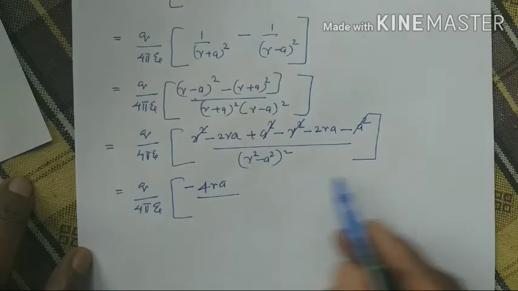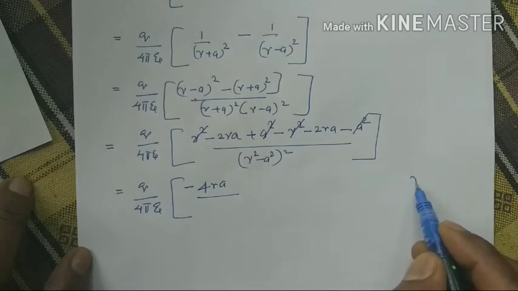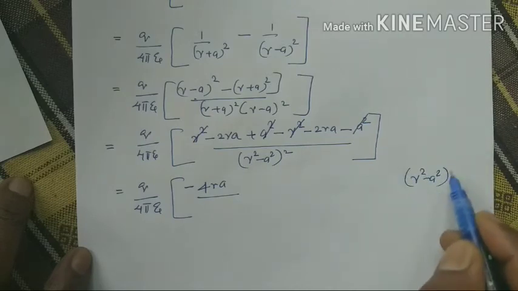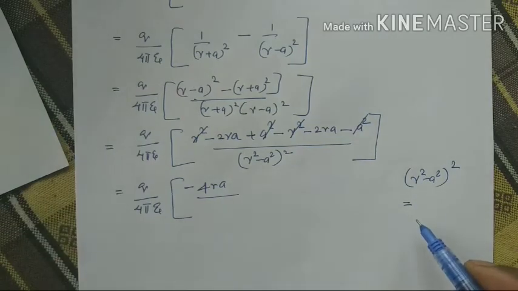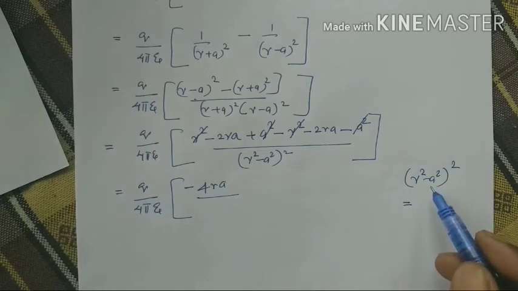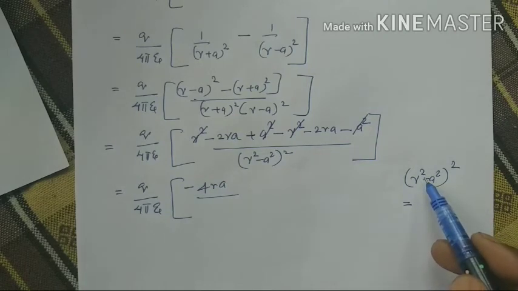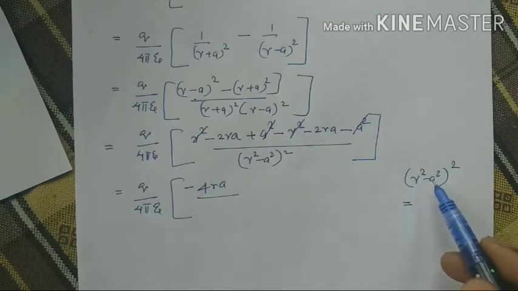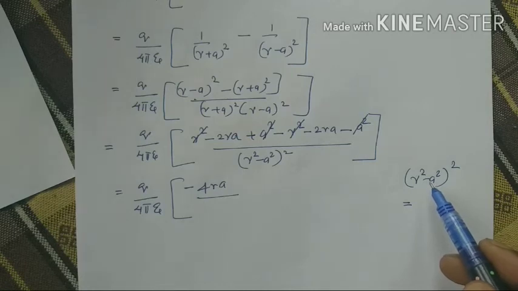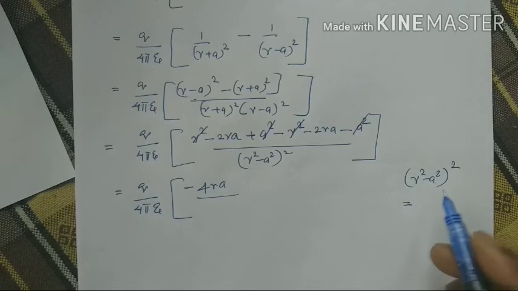Now we have a problem with the denominator, that is (r square minus a square) the whole square. As I told you, they are single charges, positive and negative charges. In order to have an attraction, the distance of separation should be very small, but r is a very large quantity. So what I am going to do is, by taking the approximation, compared with r, a is very small.